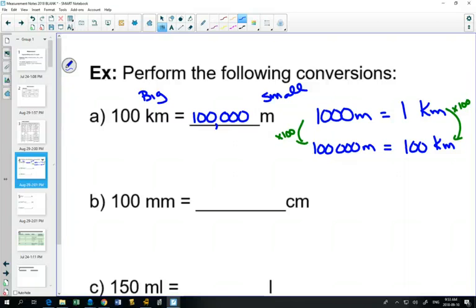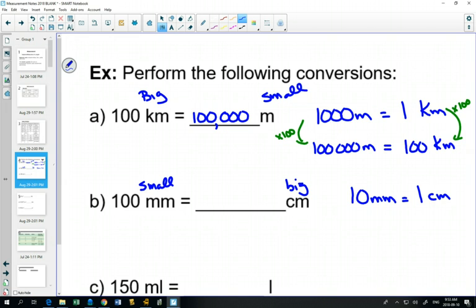100 millimeters to centimeters. So here, this is the small one. This one is the big one. What's the relationship between millimeters and centimeters? 10 millimeters is 1 centimeter.